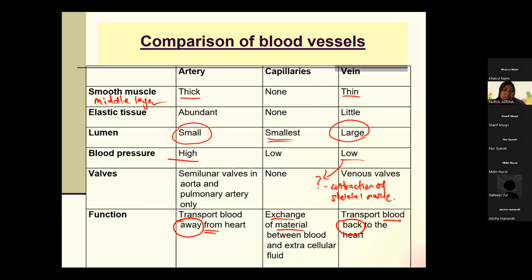Last one is in terms of valve. For artery, semilunar valve can be found only in aorta and pulmonary artery, whereas vein usually has valve, so we call it venous valve. And no valve in capillary. So that is the comparison.